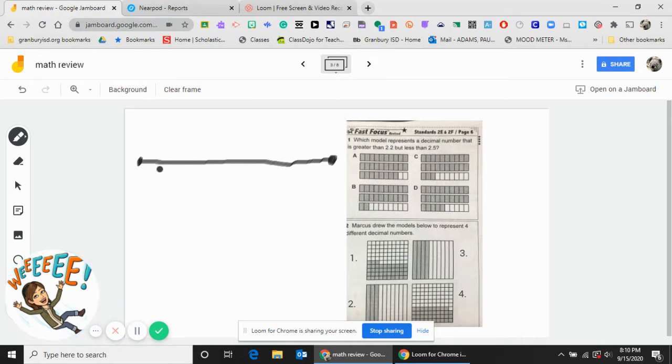So that tells me that on one end of my number line is going to be 2, the whole number, and the other end of my number line will be 3, the next whole number, because 2/10 and 5/10 is in between that. So then my hash marks, I know, since this is 10/10 here, I can break it into 10 pieces.